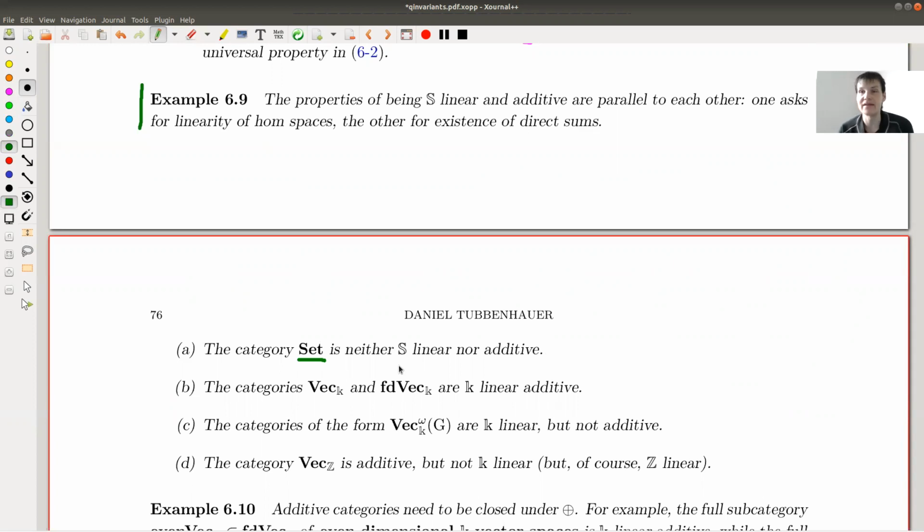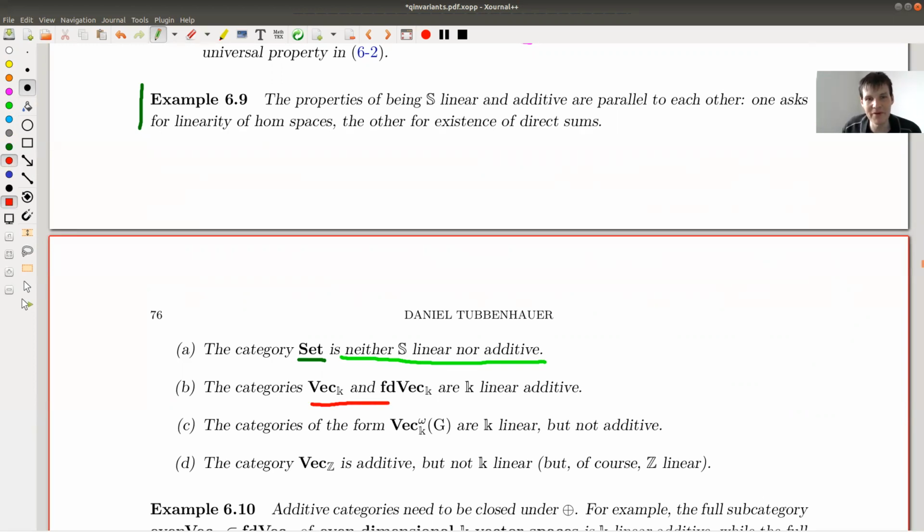You will see this later, maybe in 5 minutes. So Set is neither linear nor additive. Obviously, just think about it: there is no linear structure, no scalars on sets.